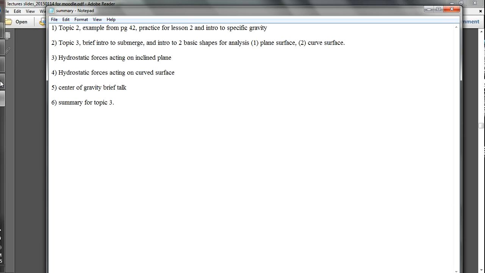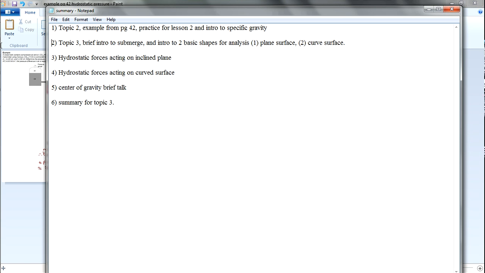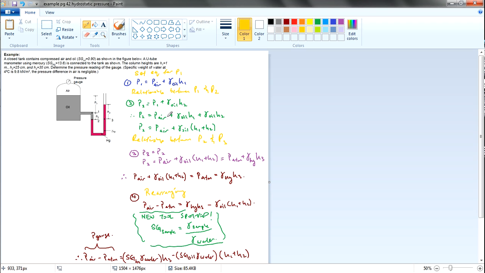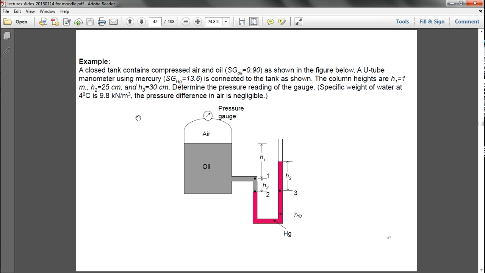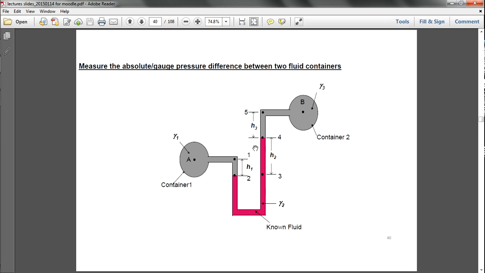So without further ado, I will start on what we have left over. For example, page 42. This is a question. Give me a minute. You remember last lesson, we talked about deriving the formula for this type of question.